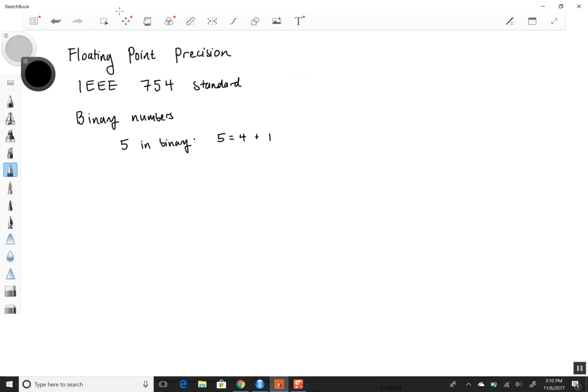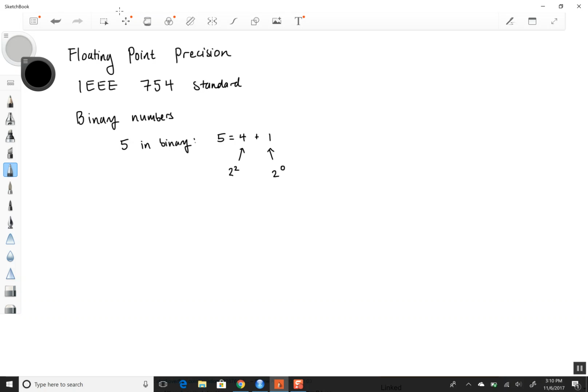Okay, so 4 is a power of 2, and 1 is a power of 2, which is 2 to the 0. So the 4 is 2 squared, and the 1 is 2 to the 0.